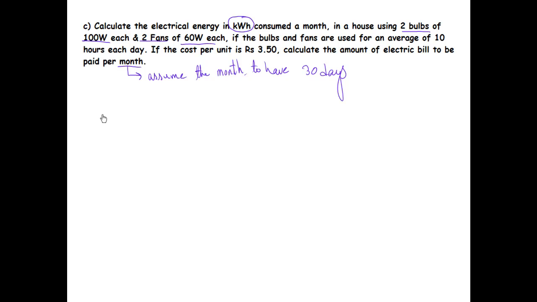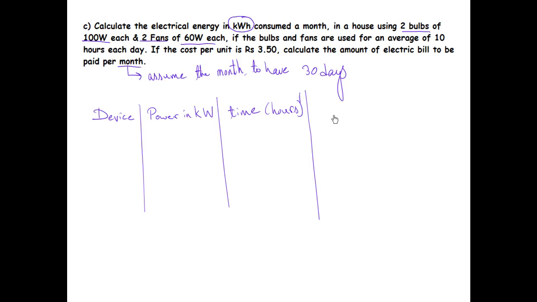Now I'll make a table to simplify our calculations. So the first column is device. There are only 2 devices technically, the bulb and the fan. Then the second column is power, but we need power in kilowatts as we need to calculate energy in kilowatt hours. The third column is time, which should be obviously in hours again as we need to calculate energy in kilowatt hours.